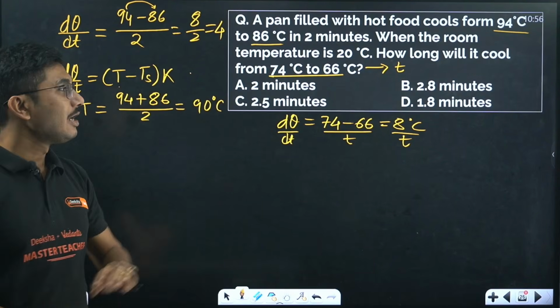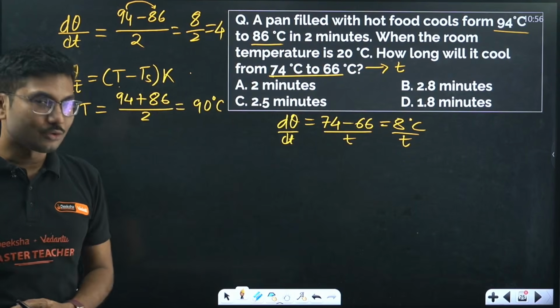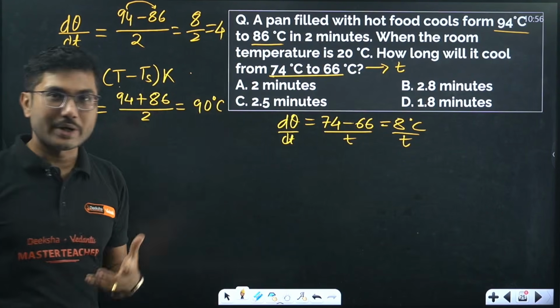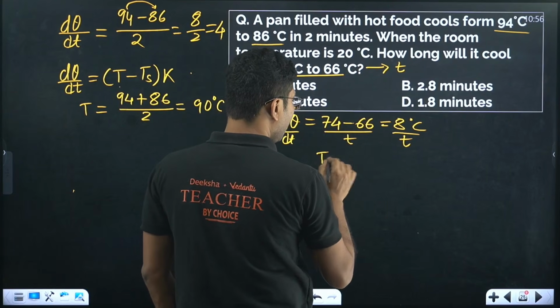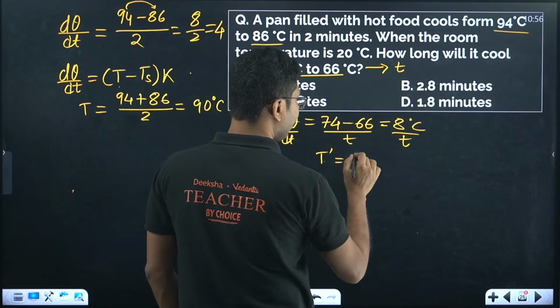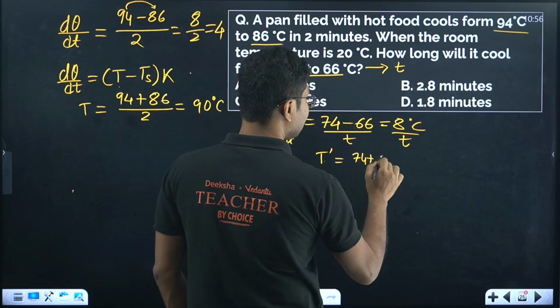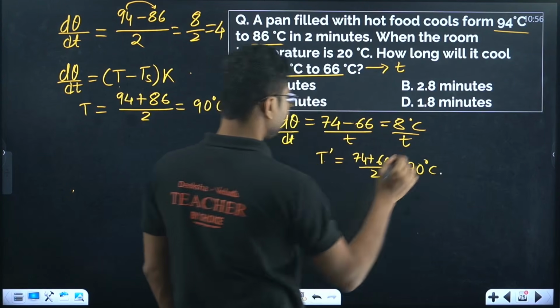So you might think that okay, 8 degree there it will take 2 minutes, so 8 degree here also it will take 2 minutes. No, it depends on from where to where it cools down. Again we have to calculate the mean temperature. Say this is T dash, and that is given by 74 plus 66 by 2, which equals 70 degrees Celsius.